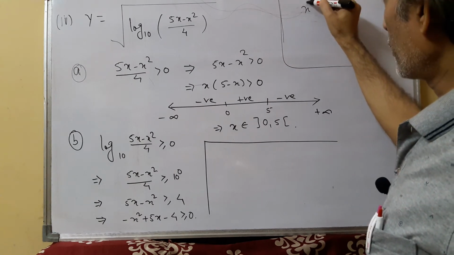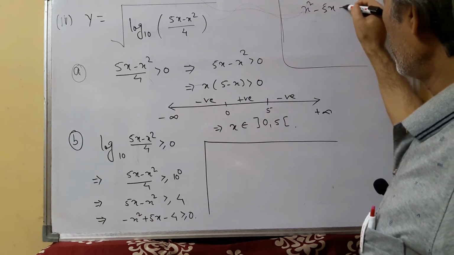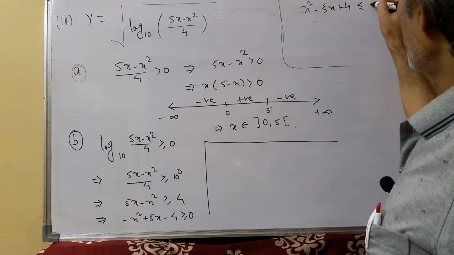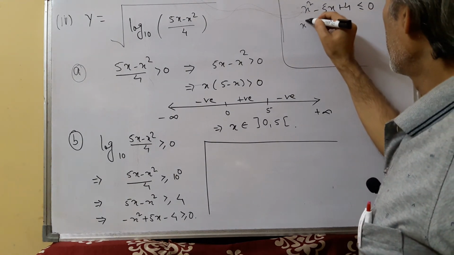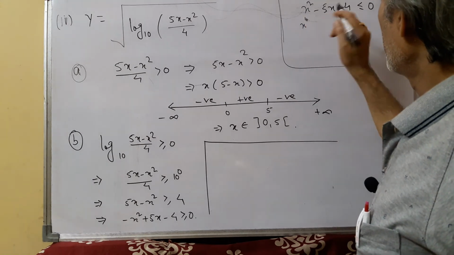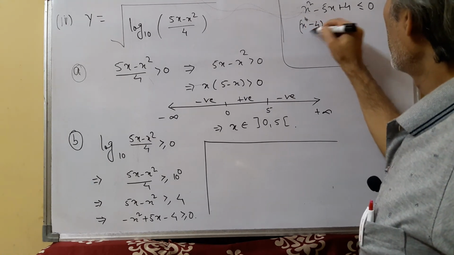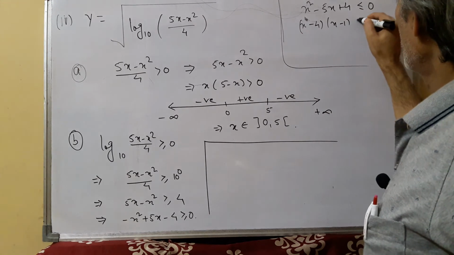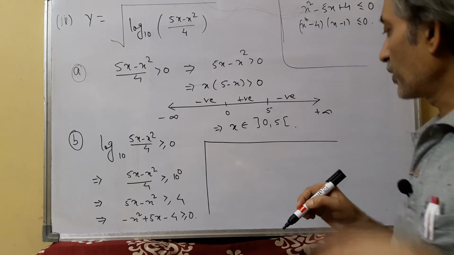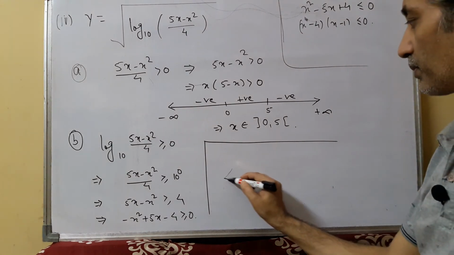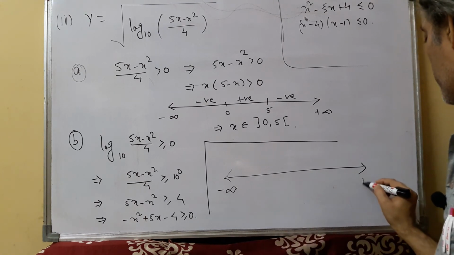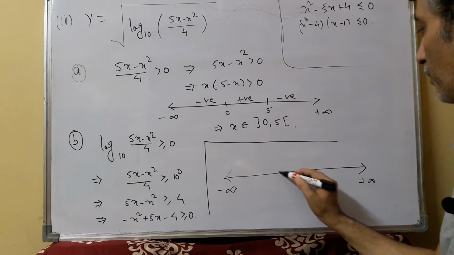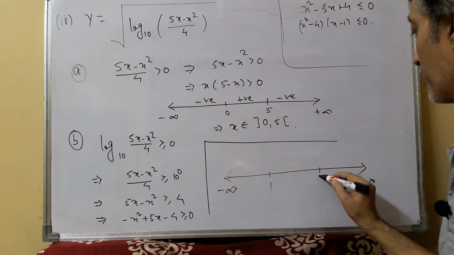You can write it like this also, just change the sign. So we are getting two values plotted on a number line, 1 and 4.